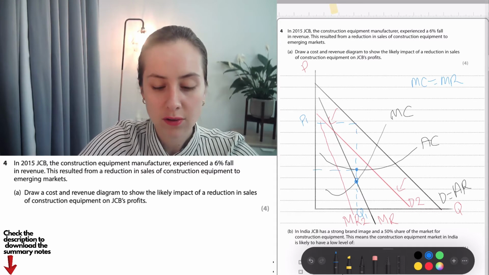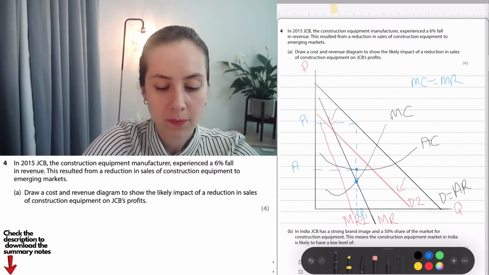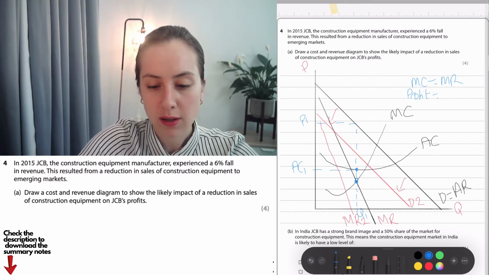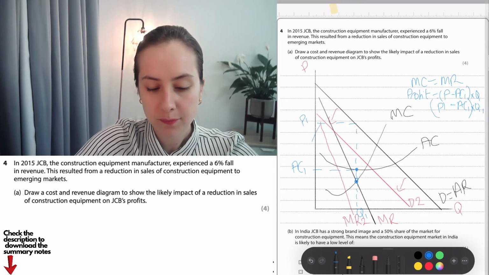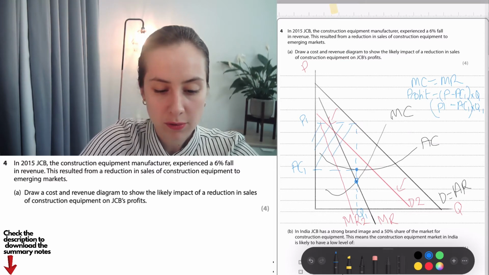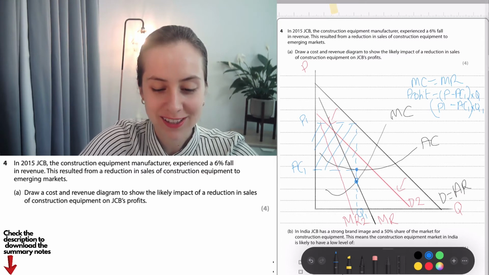The costs at Q1 is there. So how you work out profit is revenue minus cost, which you can simplify down to this. That's why I'm finding all of these numbers, P1 minus AC1 times Q1. That would give me the profit area. You can imagine that's actually within the square that would be there.